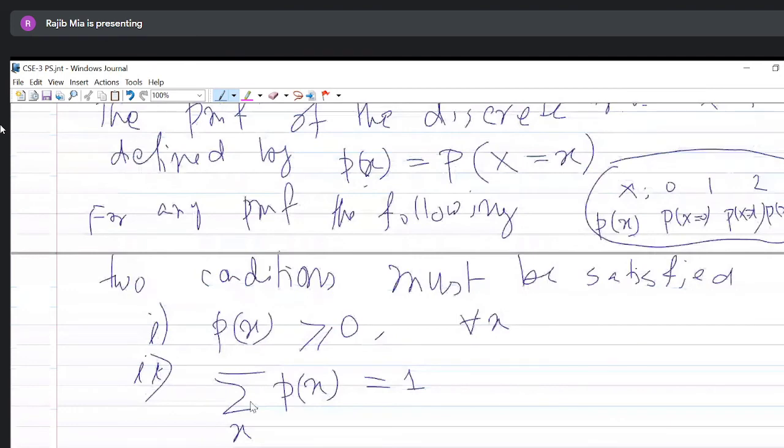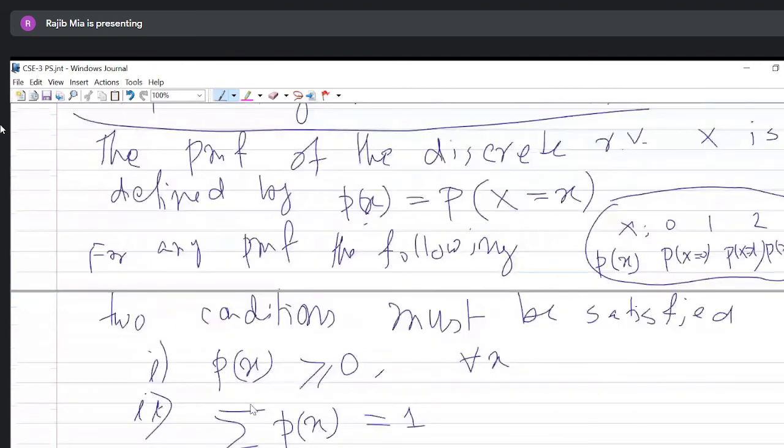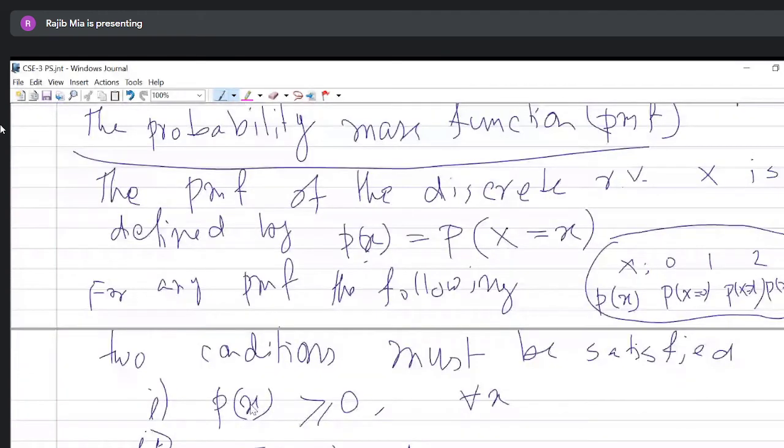Sir, I couldn't understand what is PMF. PMF is the probability mass function or probability function. This is for the discrete random variable. What is this? This is nothing but just probability. We have to find the probability at each possible value of the random variable X. So p(x) means PMF, the probability mass function, is a set of probabilities.